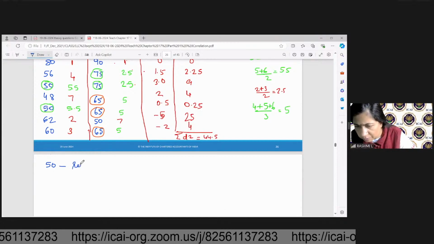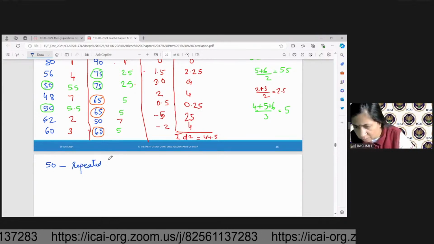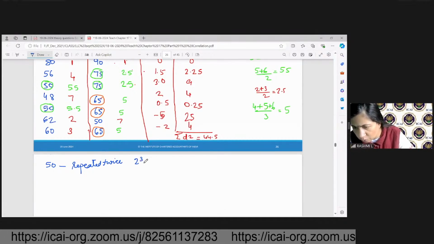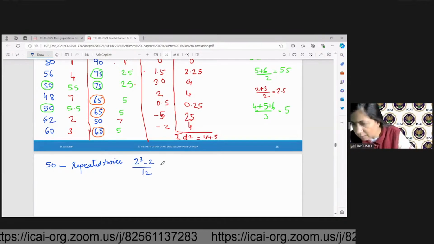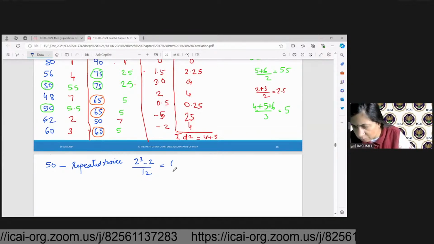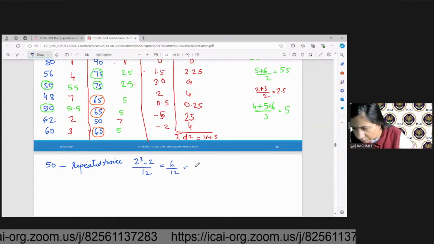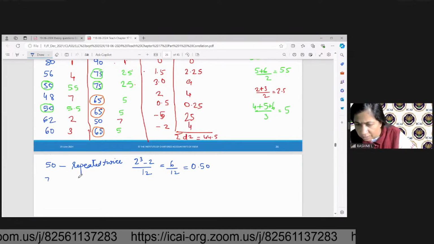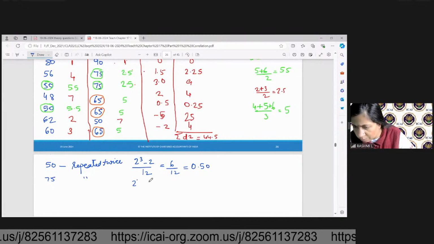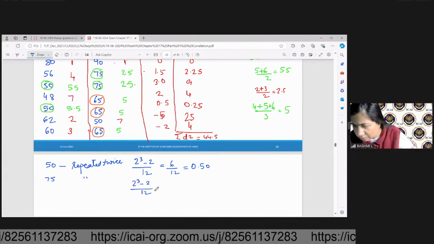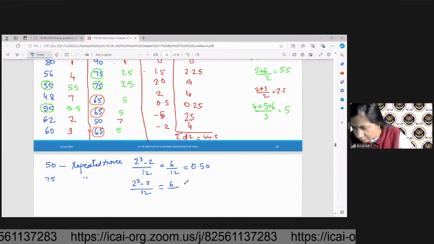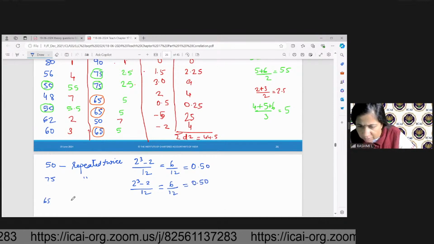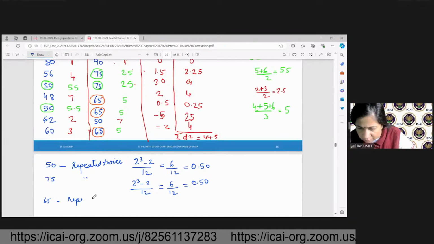Now let us see. 50 is repeated twice, right? So this is going to be 2 cube minus 2 upon 12, which is equal to 6 upon 12, which is equal to 0.5. Then 75 is repeated twice, 2 cube minus 2 upon 12, which is equal to 0.5. 65 is repeated thrice.